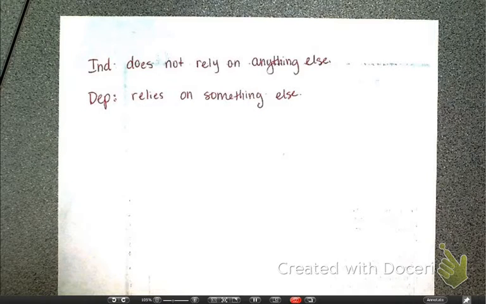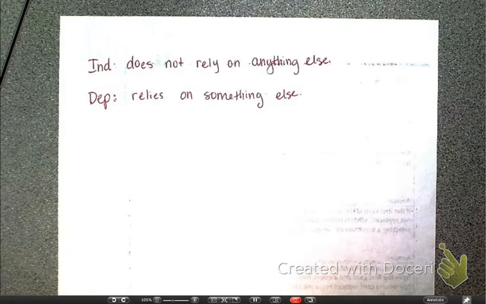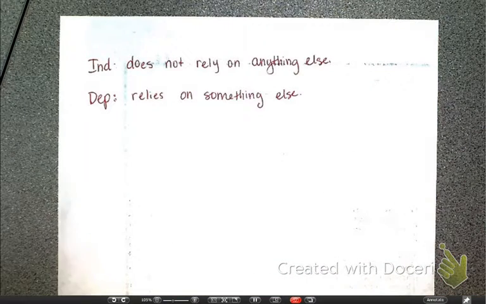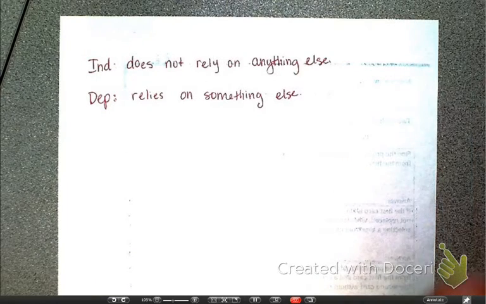Okay, so let's think. My first example was the probability of pulling a king. Would you say that's an independent or dependent event? Independent, okay? It doesn't rely on anything else. I just have a deck of cards, and I'm going to hopefully pull out a king, or whatever we're looking for. My second example is, what's the probability of pulling a 2 and then pulling a 7, and I know that's not what I said the first time, but I don't replace that first card that I pull out.